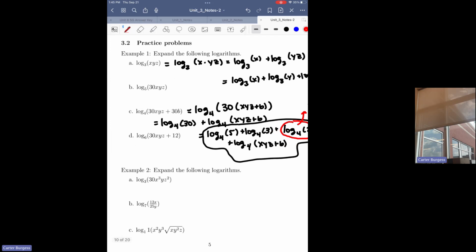Take a stab at B and D. So notice B is what we were looking at here, a sum or a product? Product, we're already ready to do the product rule, that won't be too bad. And then D, what we're looking at is a sum, so how can we rewrite it as a product? Factoring is going to be our friend there. Is there anything that we can bring out to the front so that we can split it apart with the product?